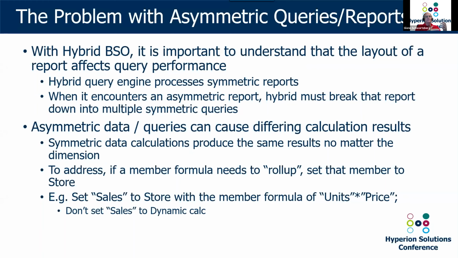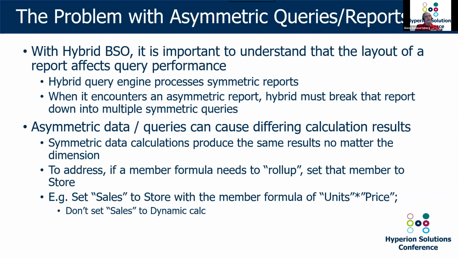If I've got asymmetrical reports where I've got a lot of variance in them, it's going to go ahead and create multiple little tiny grids in order to send the information back. So one of the things that you can actually do in order to influence this is, obviously, if you can design the cube so when people are retrieving it, they're going to bring back larger grids of data at a time, that will improve your performance.